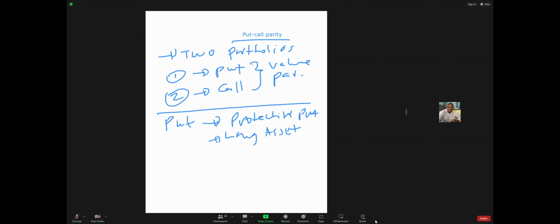And remember, a put is a right to sell. You see, you have the right to sell. So you long the asset, which means you own the asset. Then you also long put. You long the asset, then you long put.